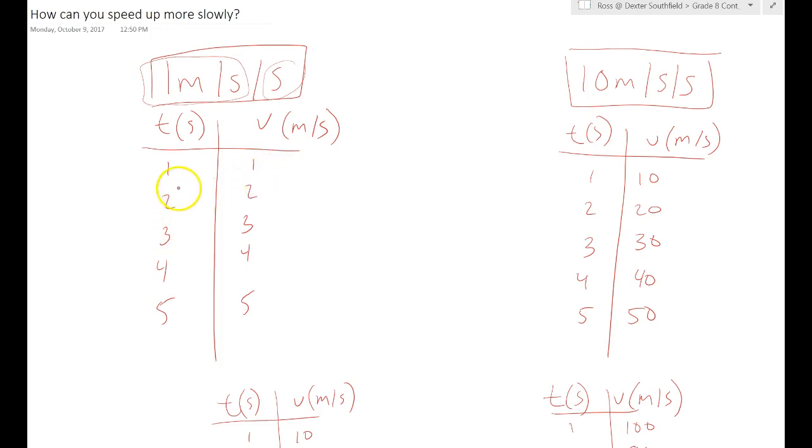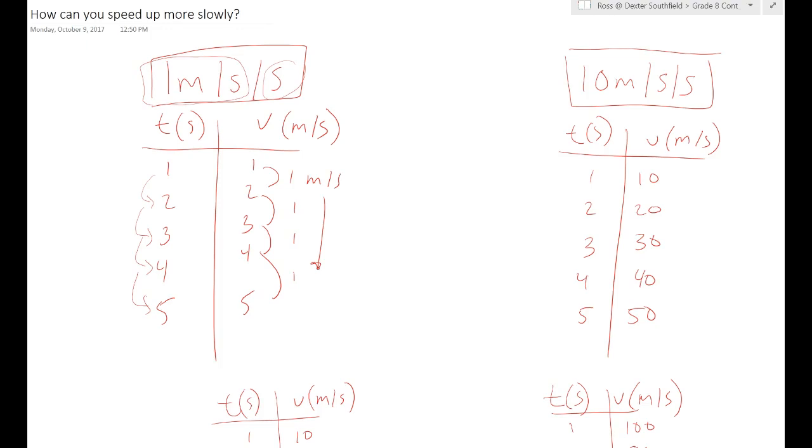As every single second goes by, this is time passing, your velocity, your speed, is going to go up by a jump of 1. Each of these numbers goes up by 1 meter per second, right? Every single one of those jumps is just going up by a unit of 1. So every single second that you continue to accelerate for, you will go 1 meter per second faster.